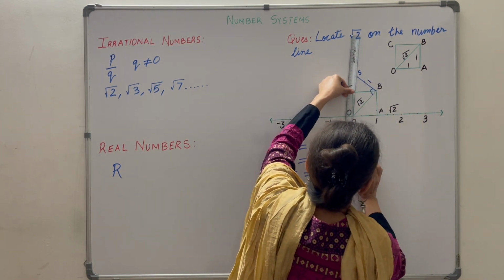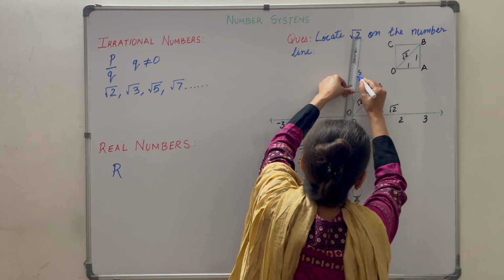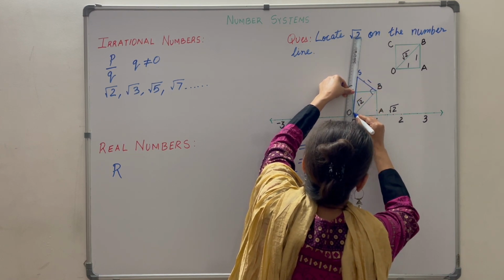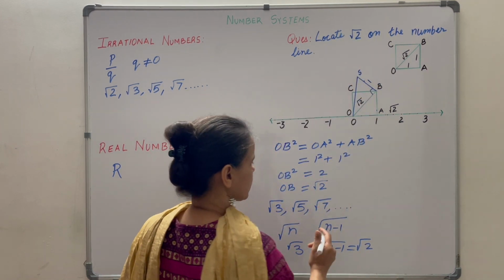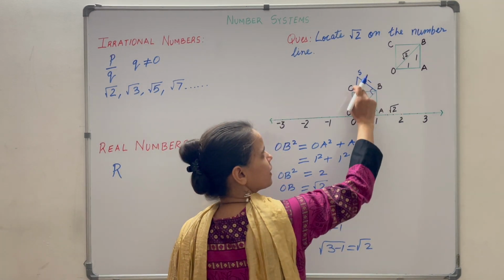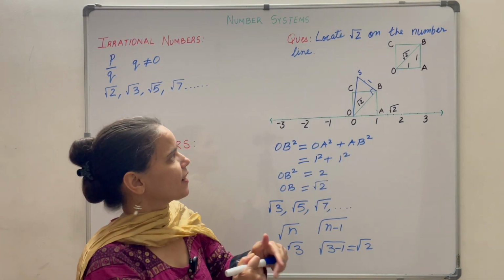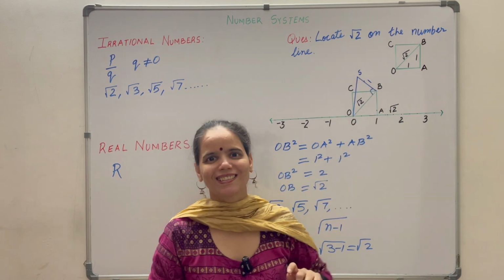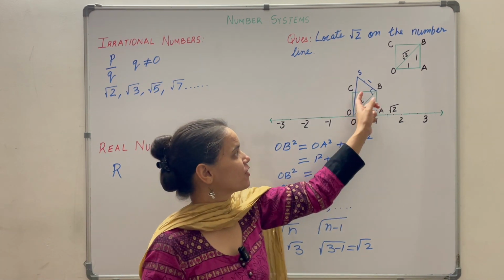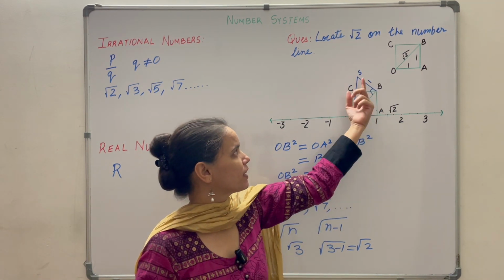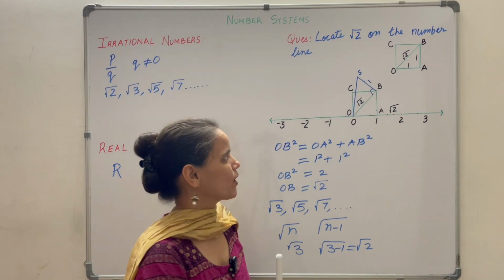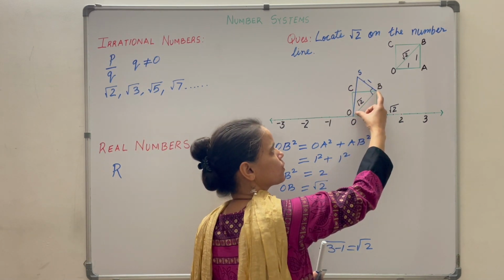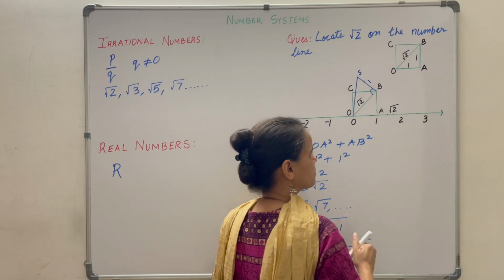Let us understand how this OS is root 3. Here again a right angle triangle is formed. OBS is a right angle triangle. We are going to apply the Pythagoras theorem again to find out how much is OS. So OS square is equal to OB square plus SB square.